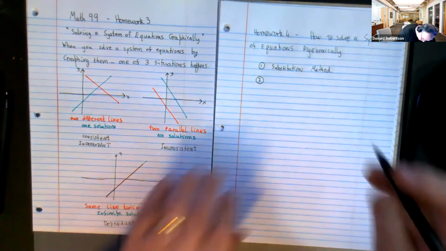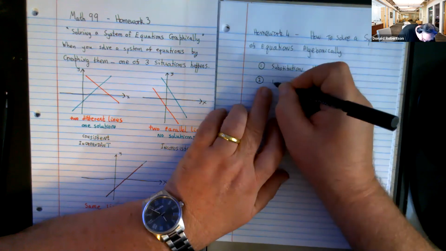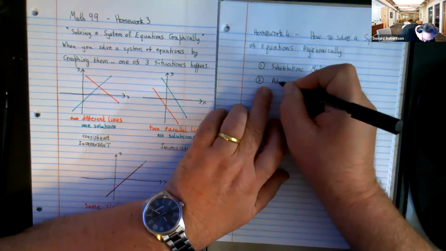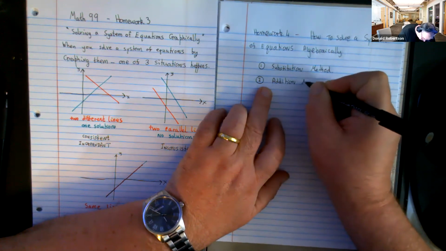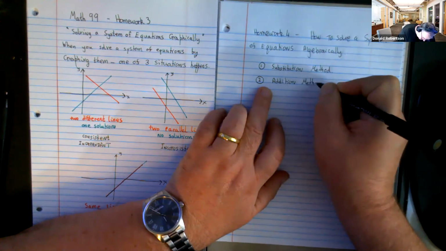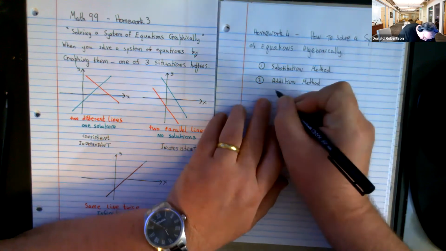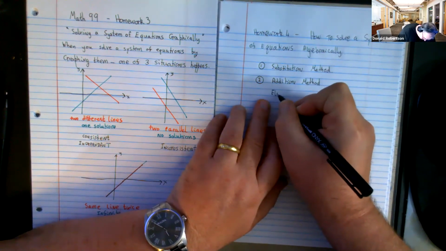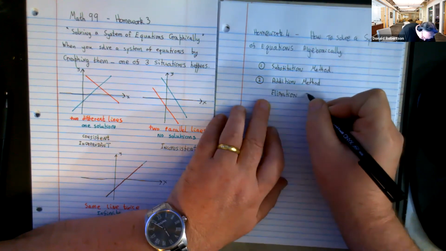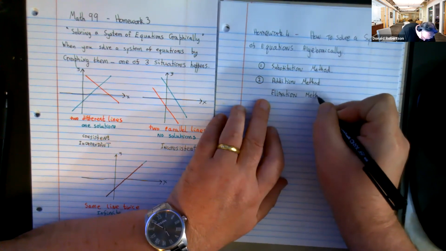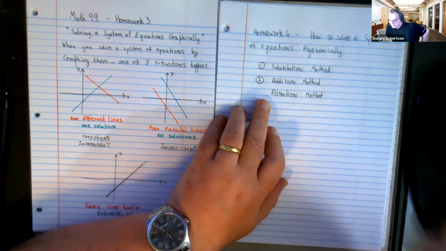And the second one has two names. In some textbooks, it's called the addition method. In others, it's called the elimination method. It's not that these two are different. It's the same thing, it just has two different names.